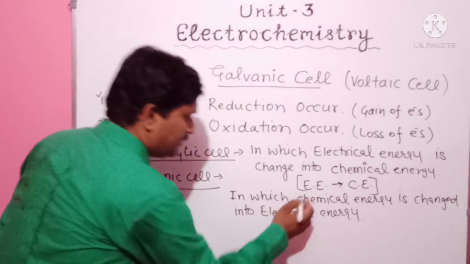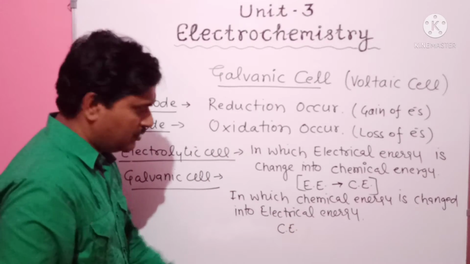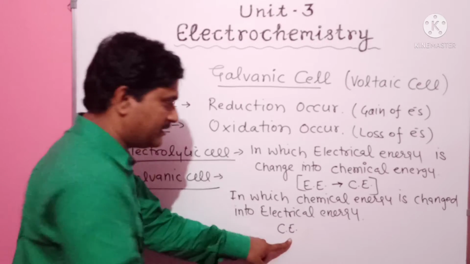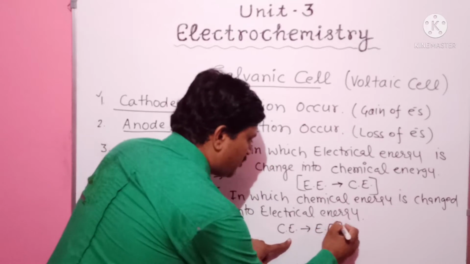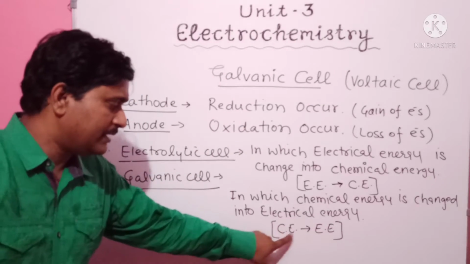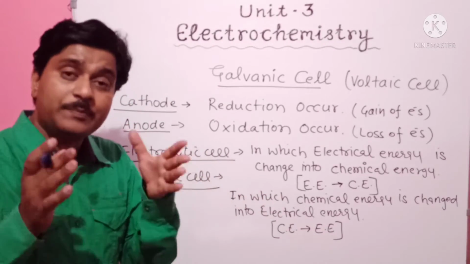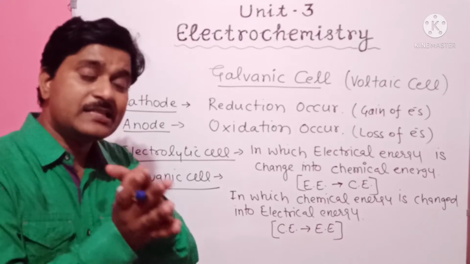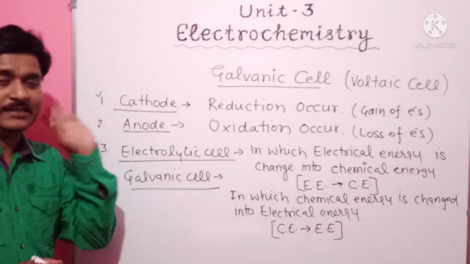Chemical energy, CE, is converted into electrical energy, EE. In short, always keep in mind that chemical energy is changed into electrical energy. After completion of the chemical reaction, if electricity is produced, that is called a galvanic cell or voltaic cell.